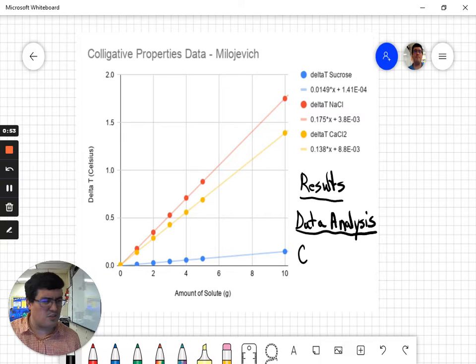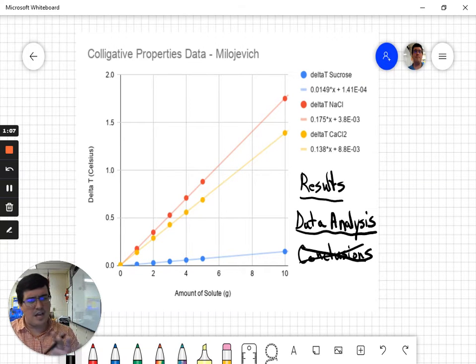Some people call this drawing conclusions. I disagree with that. I don't think we're drawing conclusions at all. Eventually we're going to draw a conclusion, but a conclusion has to come from somewhere else, right? We have to incorporate some other knowledge to make it a conclusion.